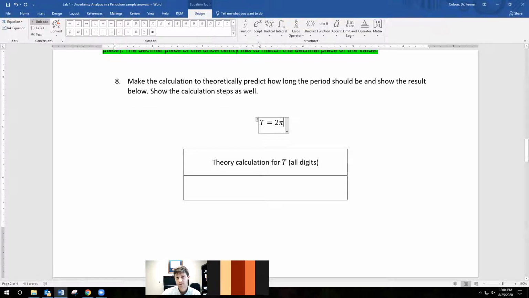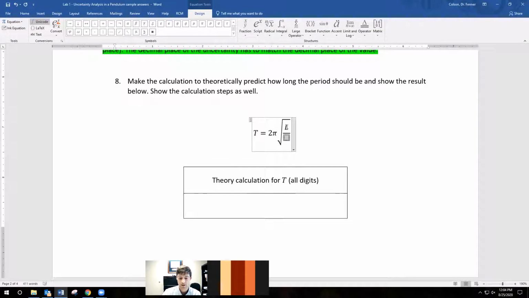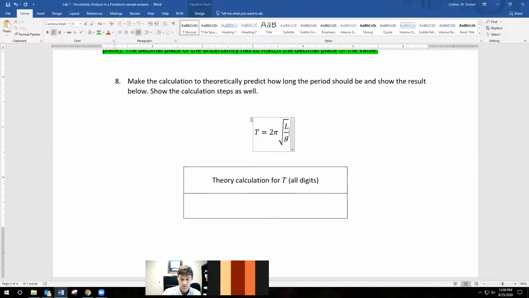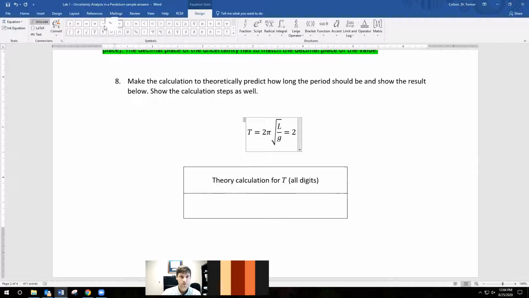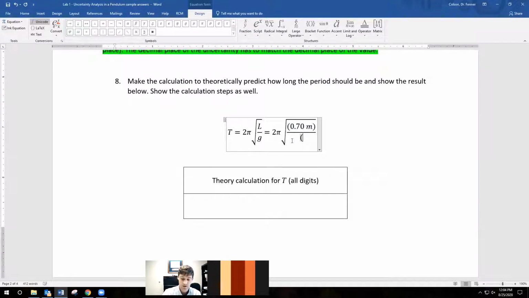The period is calculated as 2 pi times the square root of the quotient of the length divided by g, which will equal 2 times pi times the square root of 0.7. So we're just entering our known values into the equation. This is what I mean by showing the calculation steps: just write the equation and then plug in the values. So we have 0.70 meters for the length, and for gravity 9.81 meters per second squared.